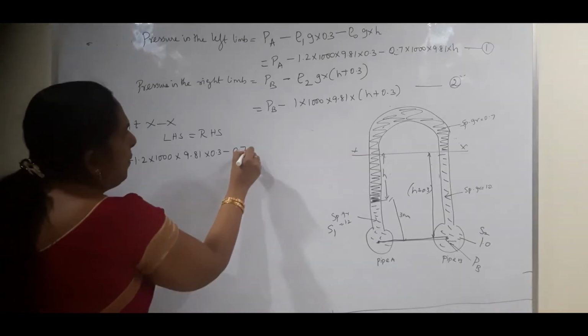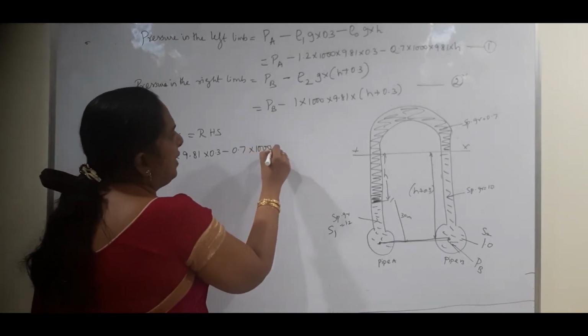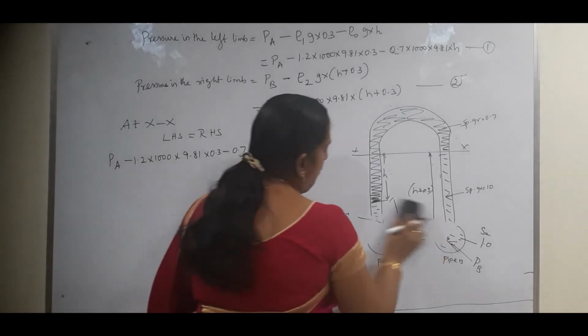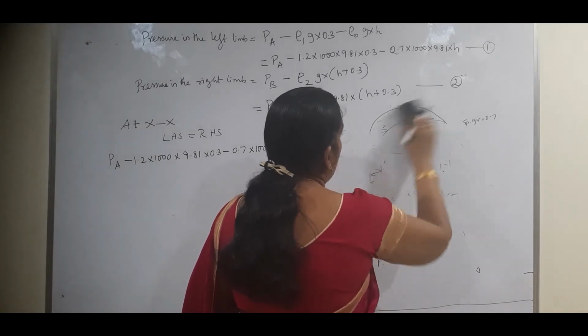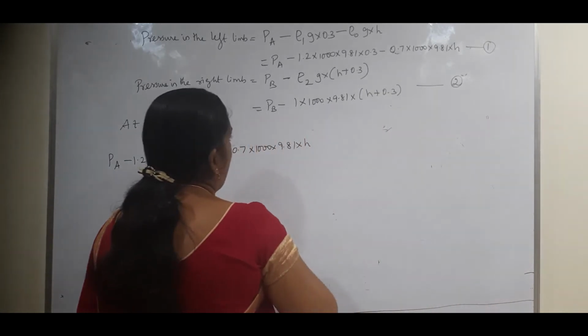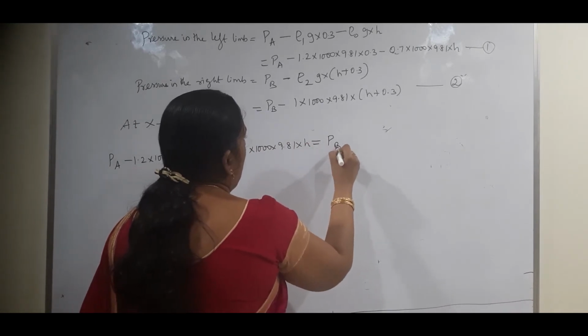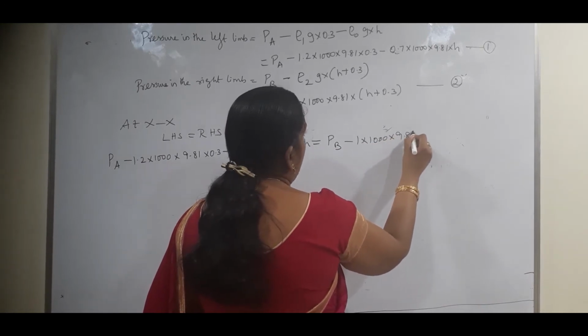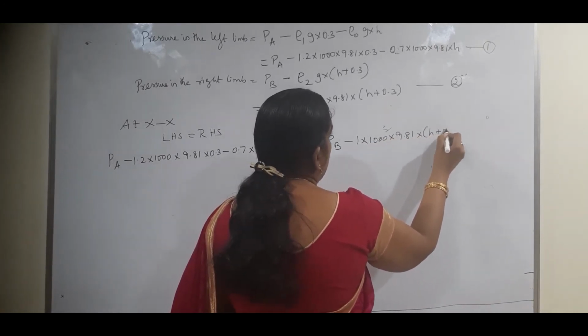So just equate this: PA minus 1.2 into 1000 into 9.81 into 0.3 minus 0.7 into 1000 into 9.81 into H is equal to PB, that is the pressure in the right limb, PB minus 1 into 1000 into 9.81 into H plus 0.3.